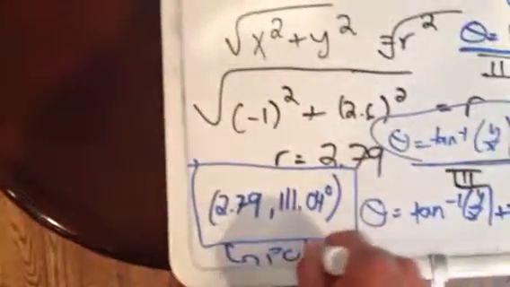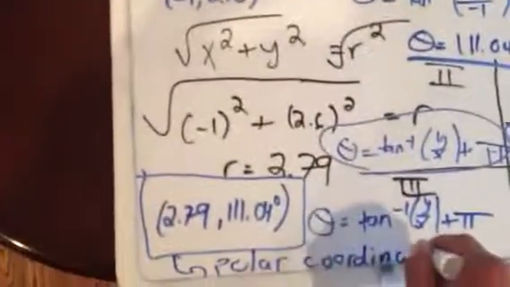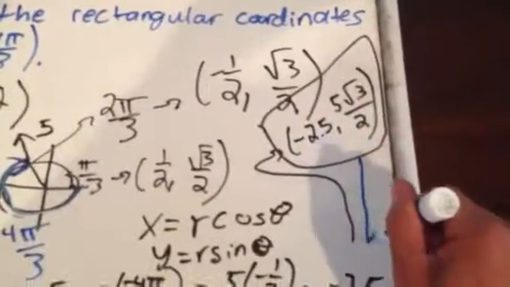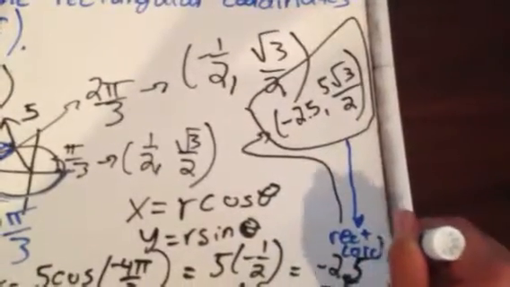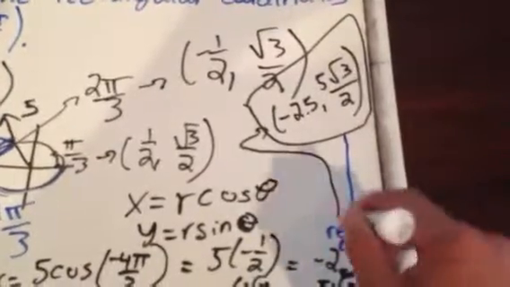So these are the polar coordinates for negative 1, 2.6. And then if we go back to the first problem, these are the rectangular coordinates. Yeah, it's tough to read, but anyway, that's the case.